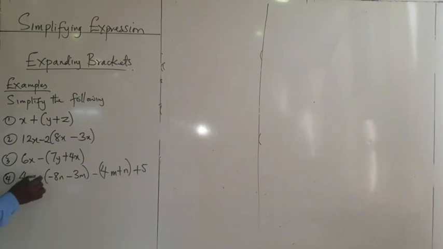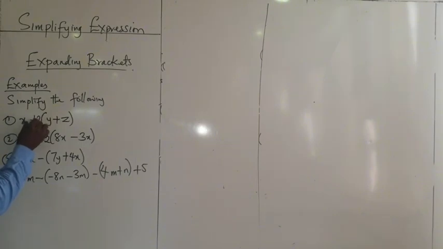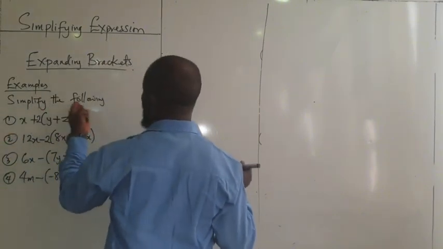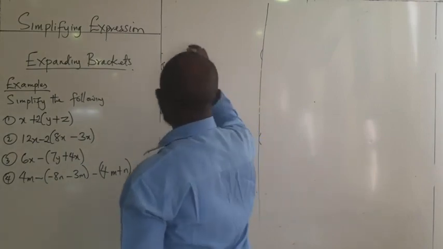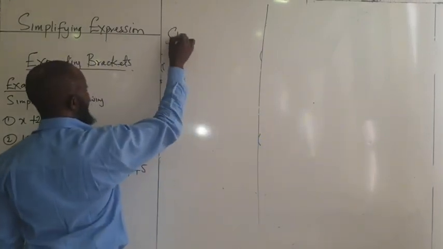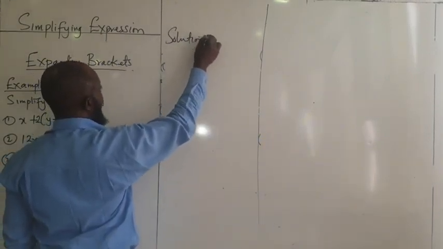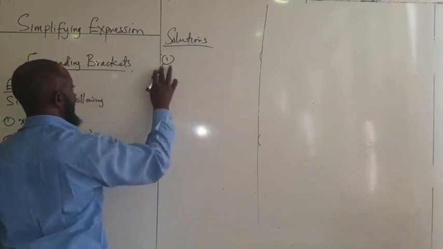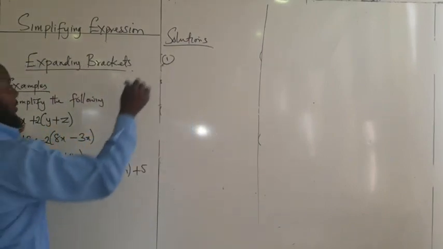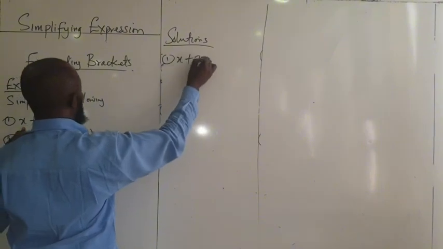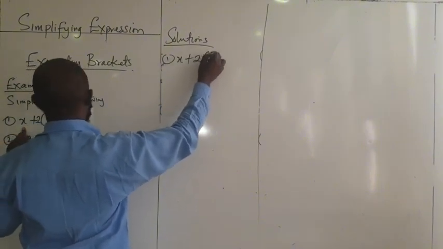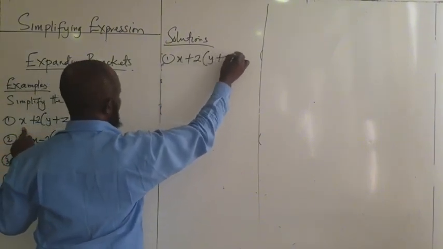So for example, we have this example. You can see from the word: simplify the following. The first one is x plus 2 into brackets y plus z.